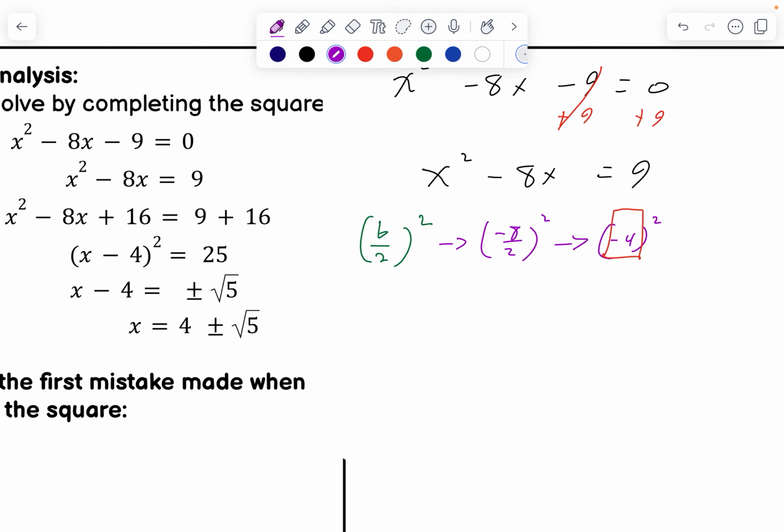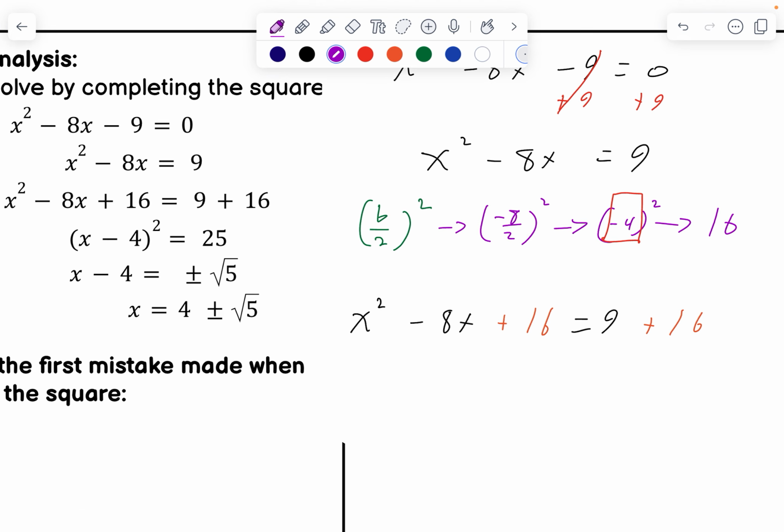And then moving along, negative 4 squared, that's negative 4 times negative 4 is 16. Let's bring our equation down here. So we're going to add that to both sides. We'll have x squared minus 8x, I'm going to give some space, and we'll put equals 9. And here's where I'm going to add the 16 to both sides. I'll put plus 16, plus 16.